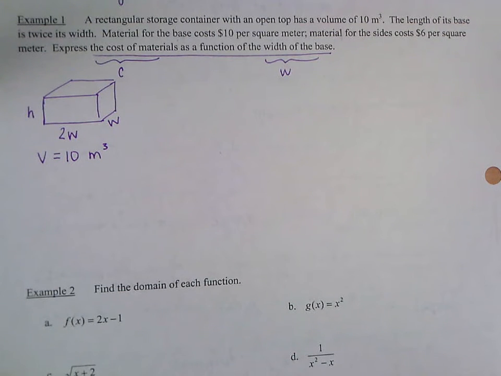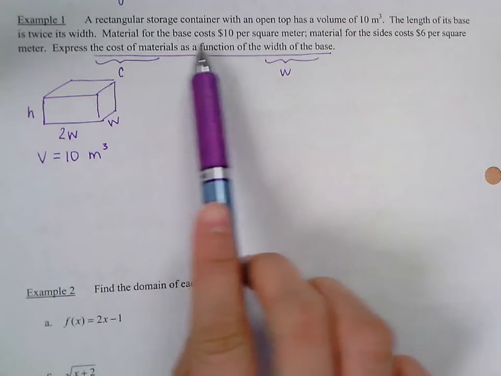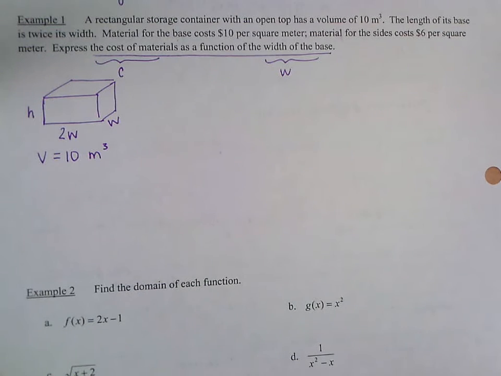So I'm going to now set up a cost function for this rectangular storage container. First of all, if they're talking about material for the base or material for the sides, what type of equation are we trying to write in relation to this box?